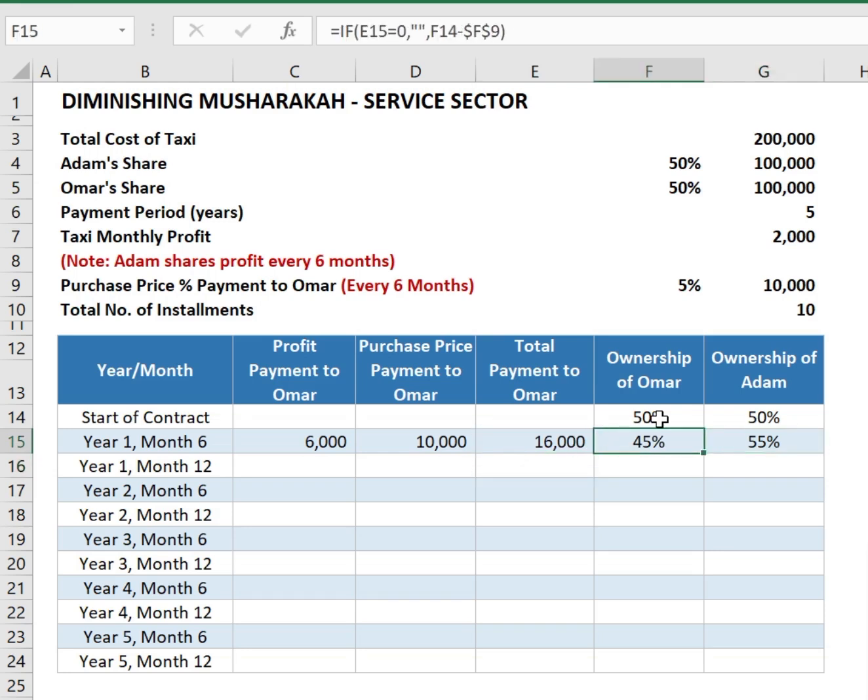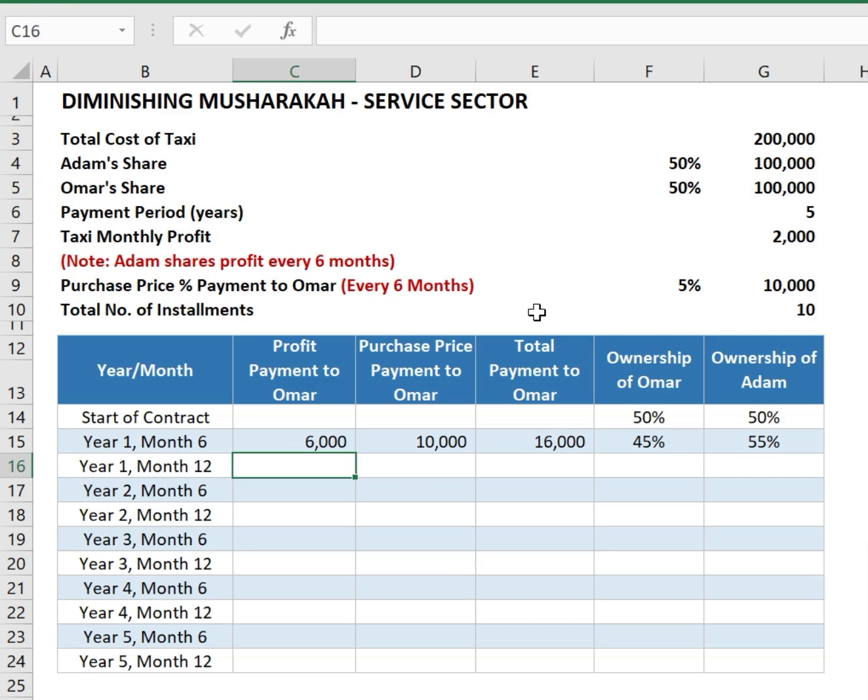As you can see here, I already set up the formula, and it shows a decrease by 5% relating to Omar's ownership interest as per the agreement, with the corresponding increase by 5% insofar as Adam is concerned.